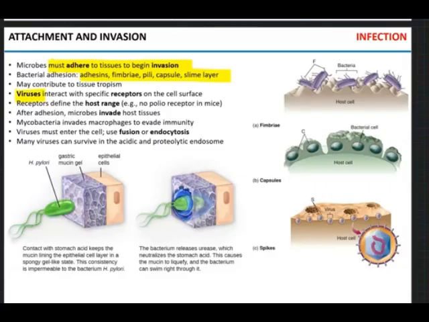Every virus, and I think I made this point when we were talking about herpes, must interact with a receptor. If there's no receptor, no interaction, no infection. One of my favorite examples, polio.